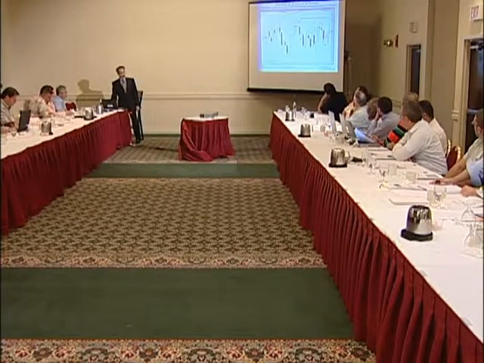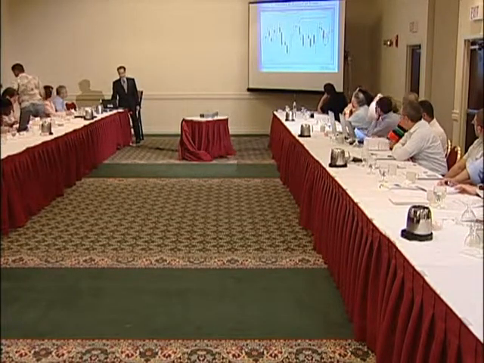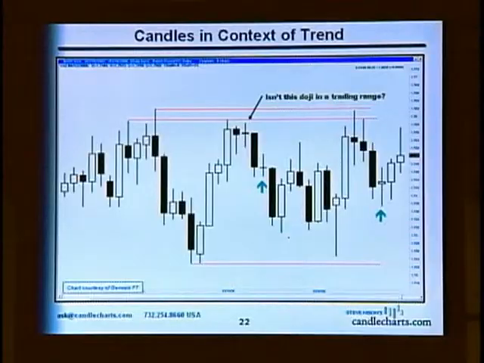The question is, can you draw a box range anywhere? That's not really true. To get a box range, you need at least 2 or 3 highs that are the same, and you need 2 or 3 lows that are the same. So for example, see?